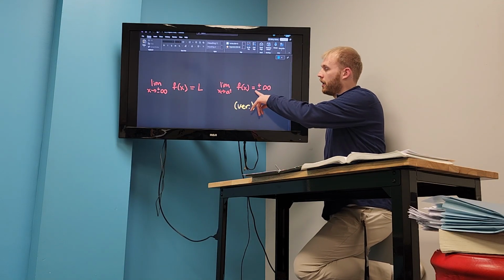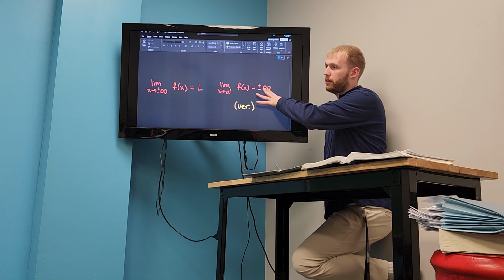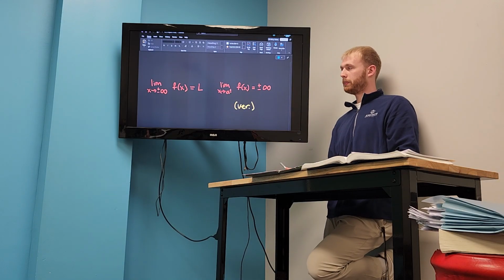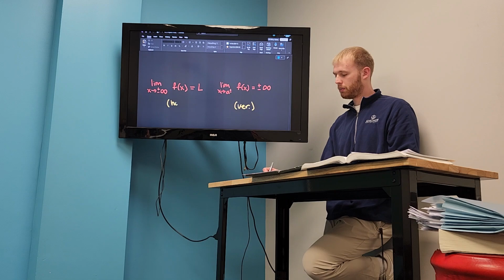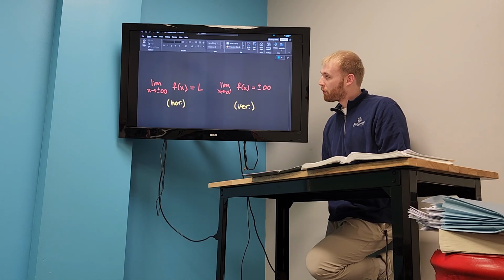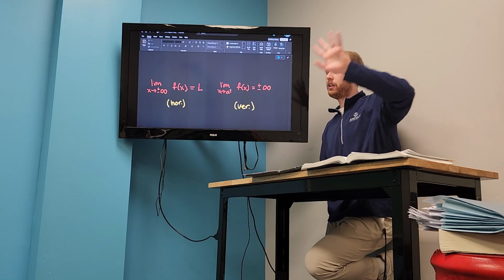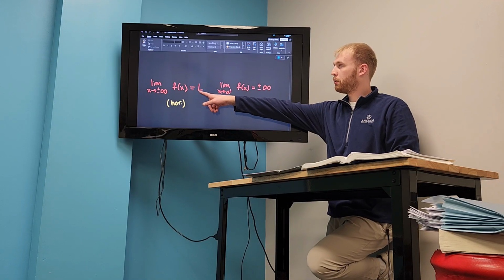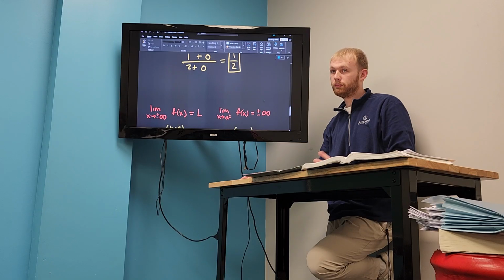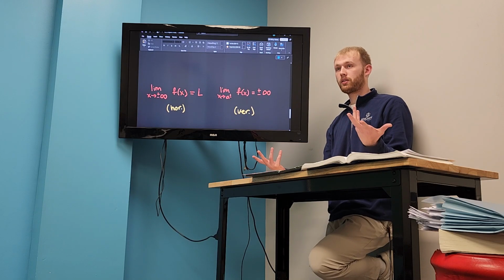If you end up going to positive or negative infinity, that's a vertical asymptote, right? Okay, so process of elimination, that's a horizontal asymptote, right? Whether you go off to positive infinity or negative infinity, if you're approaching some value, like maybe a half, then that's a horizontal asymptote.